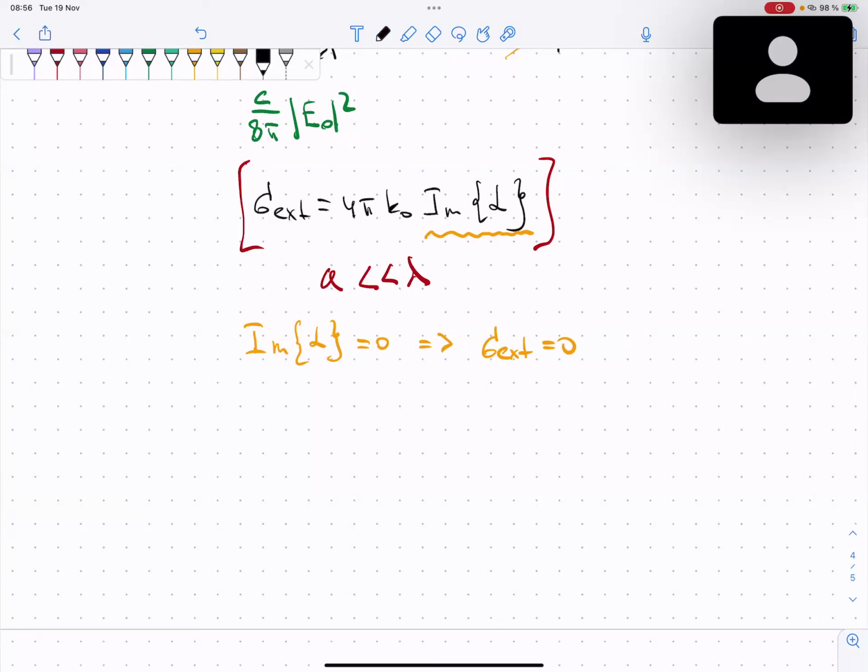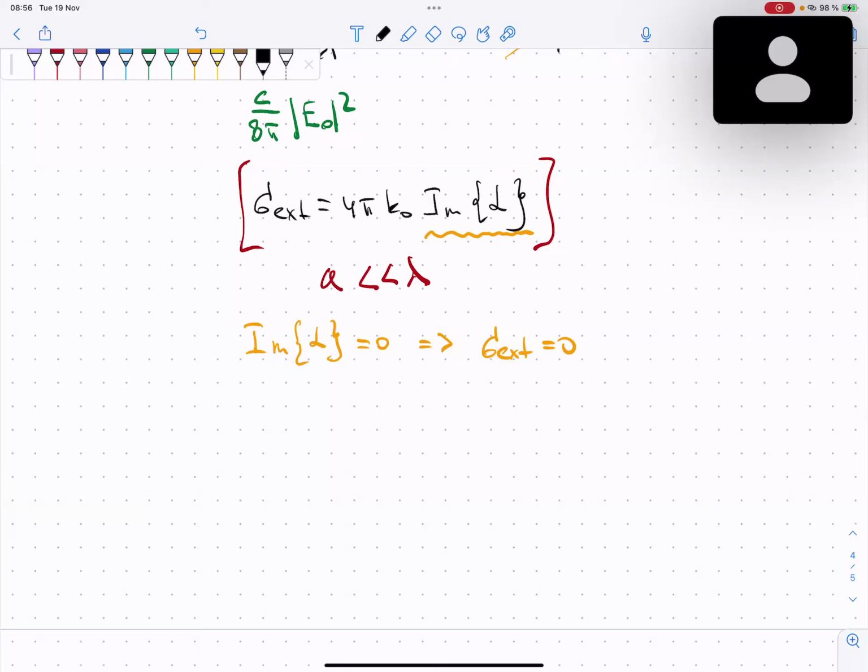And also, let me calculate the scattering cross-section for a small particle.